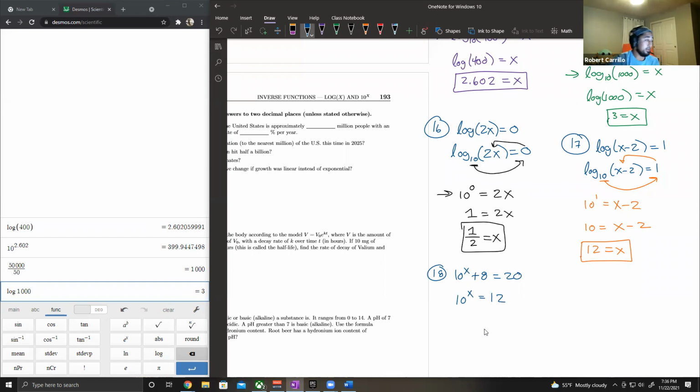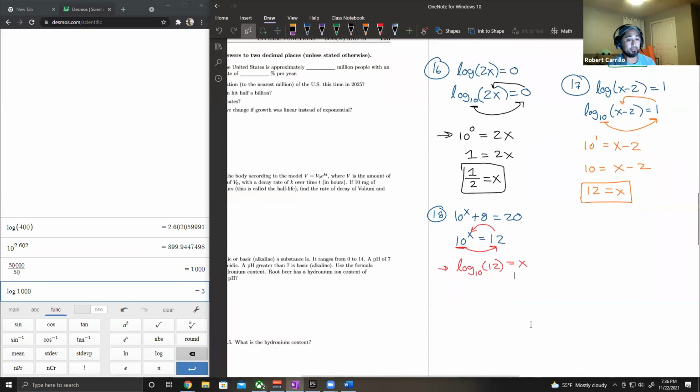Now you convert from exponential to logarithm. So the base of 10 becomes the base of your logarithm. You will have log base 10 of the outside number of 12 set equal to your exponent of x.